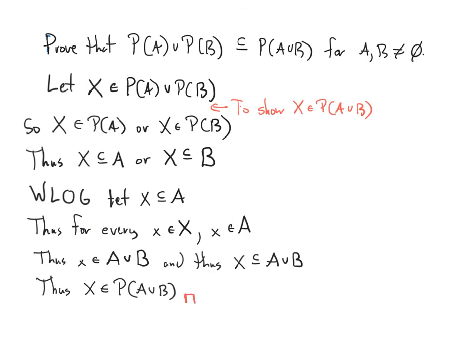Our result is proved. Maybe we can write a little sentence, actually, just to make sure people understand that we're done. Thus, the power set of A union the power set of B is a subset of the power set of A union B. So these two sets that we learned in the last example, they're not equal, but this left-hand side is indeed a subset of the right-hand side.